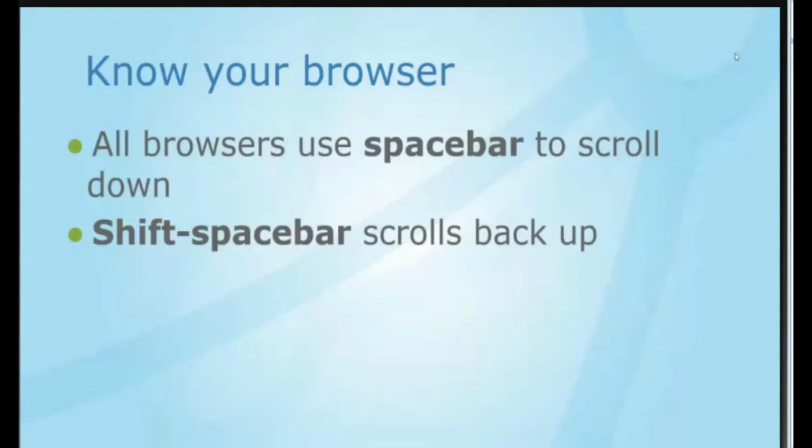The next thing is basically to know your browser, know how it works, and know the tips and tricks it provides. It's not just about what MyGeotab uses, but if you can learn how the browser works, you can learn some things that make things a little bit easier. If you're not a fan of always reaching over your mouse when you already have your hands on your keyboard, you can use some tricks to scroll up and down when looking at a list of vehicles, for example.